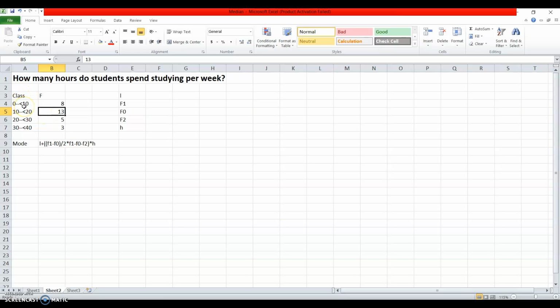So the first column, the left column, represents the number of study hours divided into 4 intervals or 4 classes, and the second column represents the frequency column, which includes the frequencies of each class.